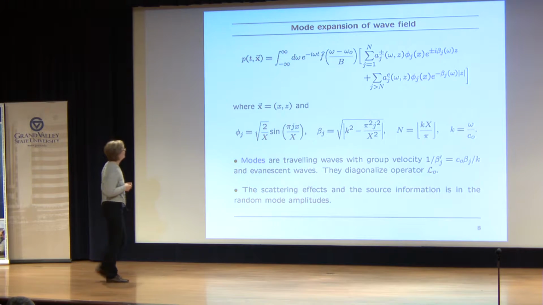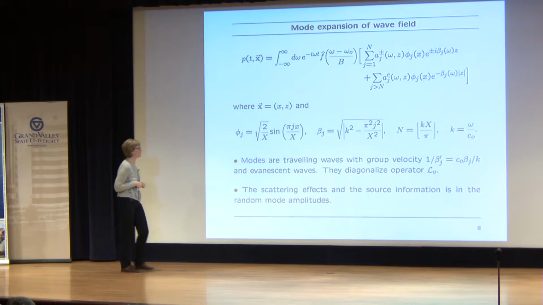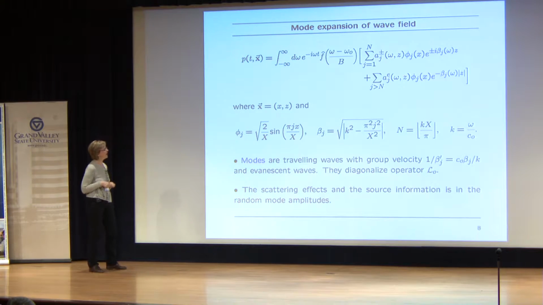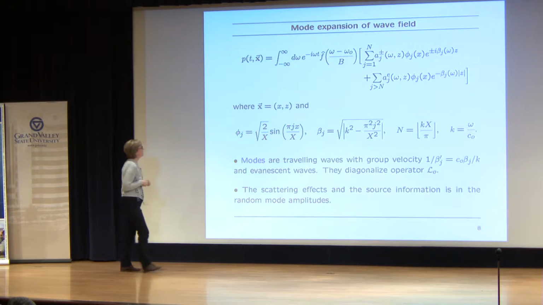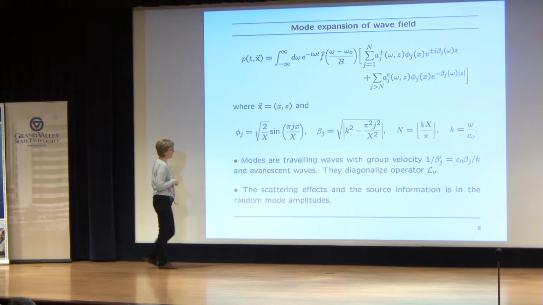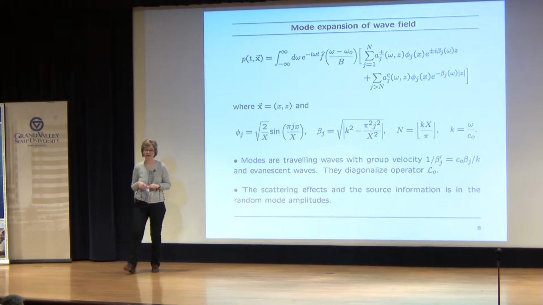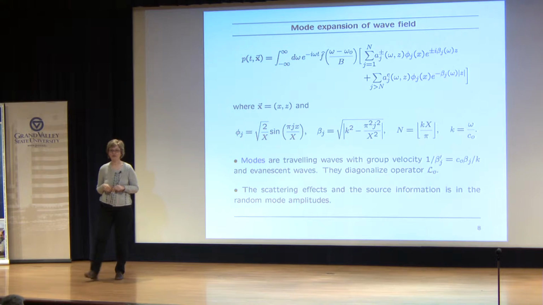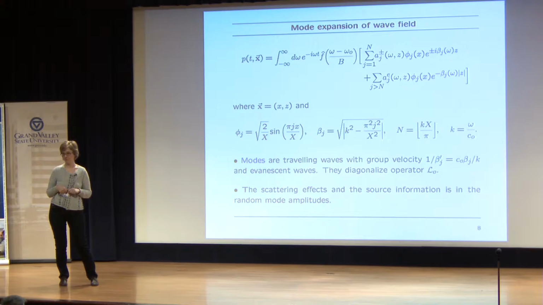The equivalent of plane wave decomposition in waveguides is what is known as mode decomposition. This is how the wave field can be decomposed. The modes are obtained by solving the unperturbed problem, that is the problem in the ideal waveguide, which is very simple and can be solved with separation of variables.